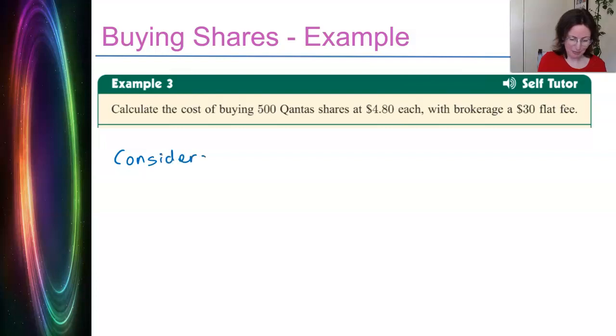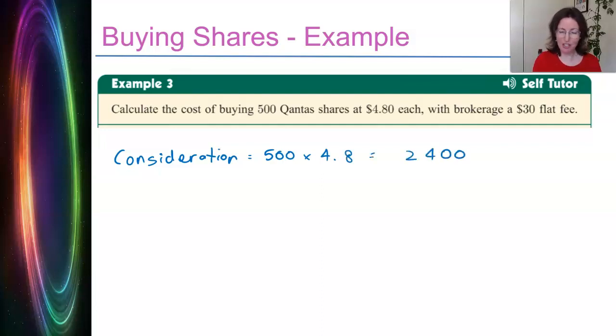So writing that word, consideration, that's the number of shares multiplied by how much they cost each, $4.80, and that comes out to be 2,400. You can put a dollar symbol here each time round, or just leave that till the end.